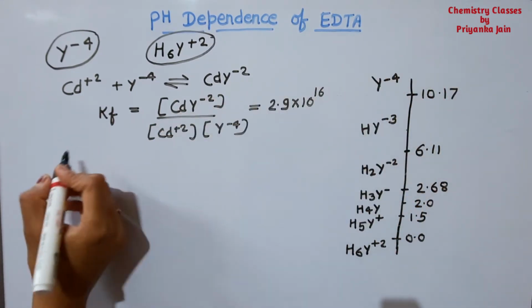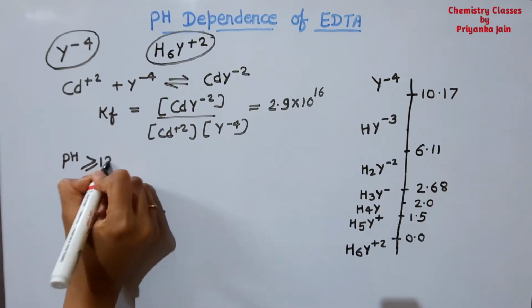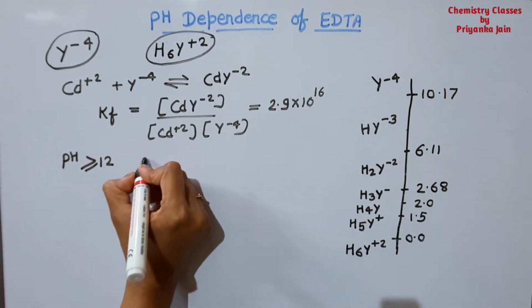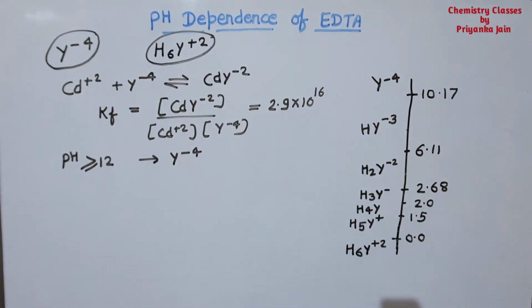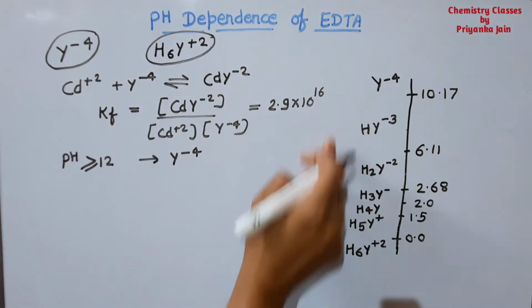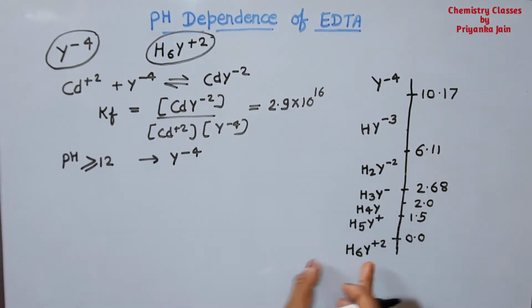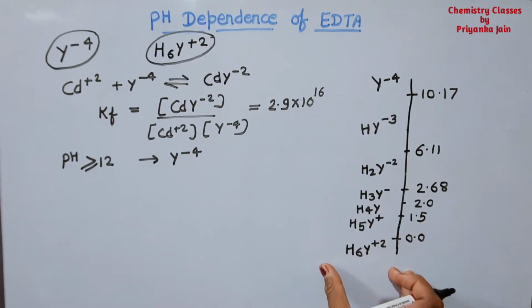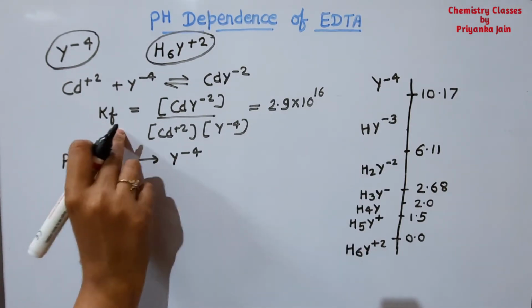It means if we see a pH greater than or equal to 12, then most of the EDTA will be in the form of Y minus 4. And as the pH decreases, we get the different protonated forms, and this H6Y plus 2 form exists at highly acidic conditions, right?